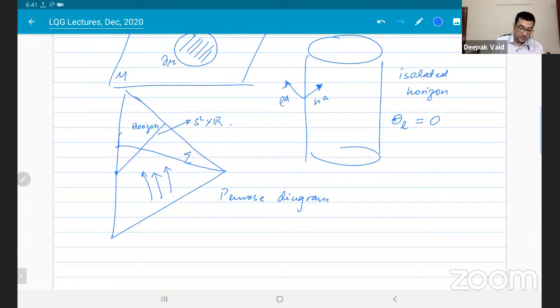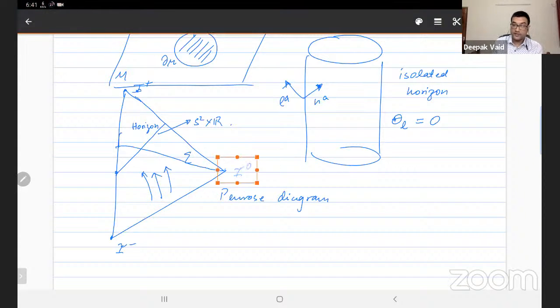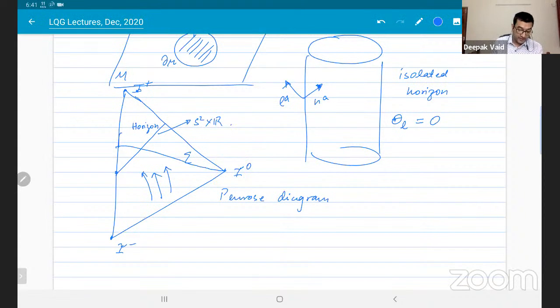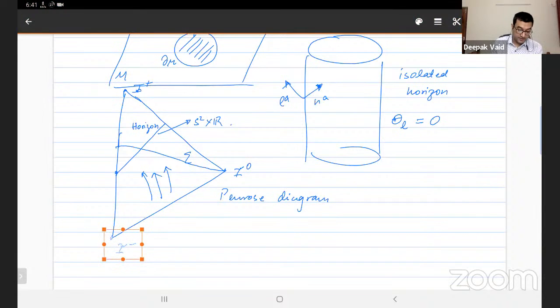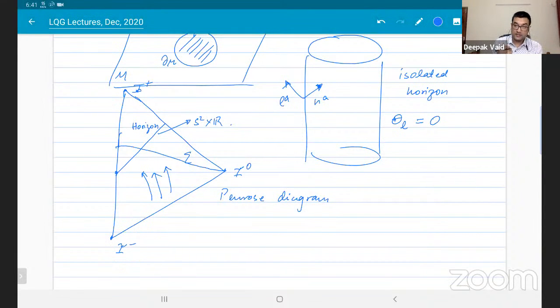I don't know if everybody here is familiar with Penrose diagrams. These points are known as scri minus, scri plus, and this is I think scri naught. So this is null infinity, and this is the past null infinity.